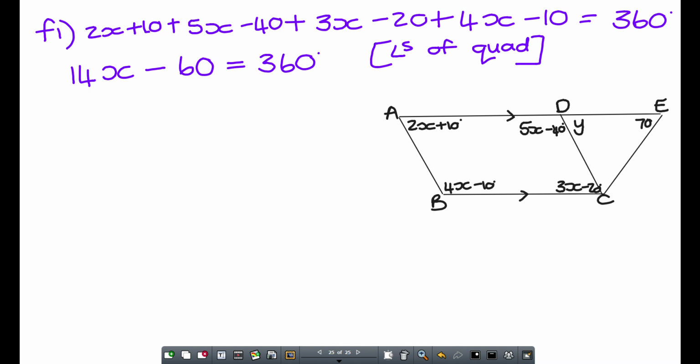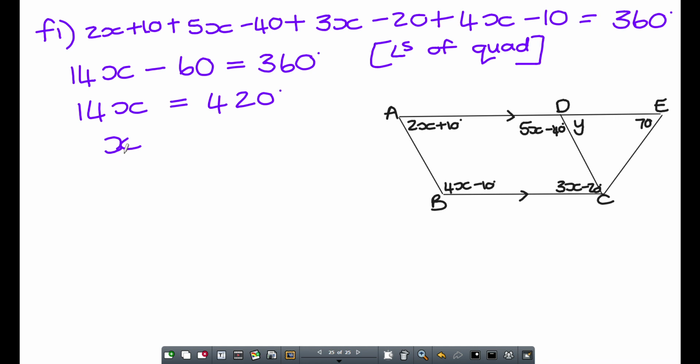Put it away in your bag. Right, so take the 60 over. So 14x will then be equal to 420. Remember, when we take it to the other side, it becomes plus. Now I've got to divide by 14 on both sides.